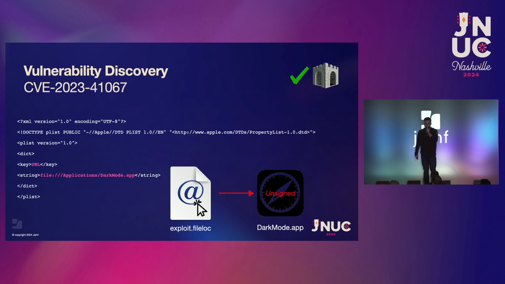So we thought, what happens when you point it at an unsigned application? So you leverage this file lock. What happens when, instead of pointing at a document, I point it at an unsigned application? And it turns out that you get a prompt as if your application was signed, even though it is completely unsigned.